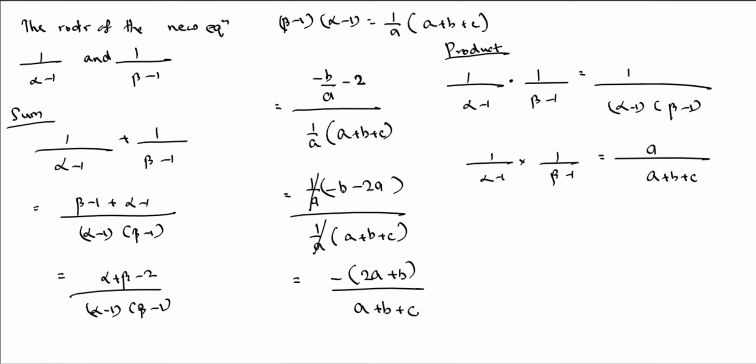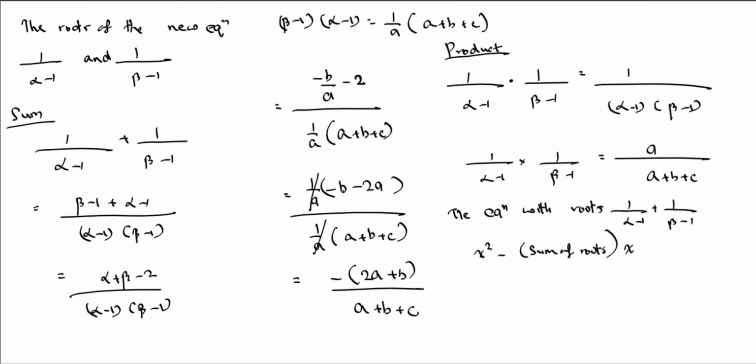Now the equation with roots 1 over alpha minus 1 and 1 over beta minus 1 is always going to be x squared minus the sum of roots times x plus the product of roots equals 0.